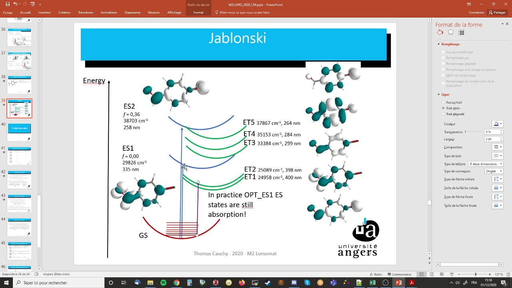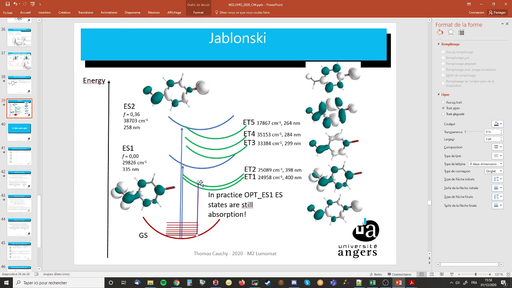That means that you have an energy surface of your excited state that is more drastic. You have an energy change that is quite more drastic. That means that between the absorption and the emission, you lose quite a lot of energy. And you are at 400.